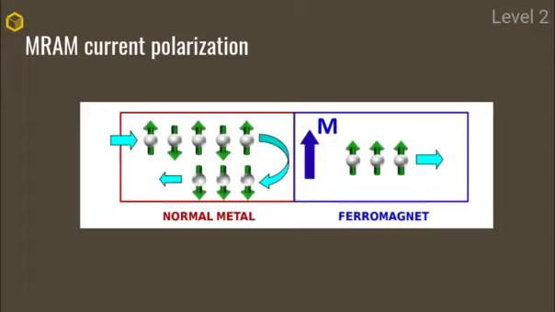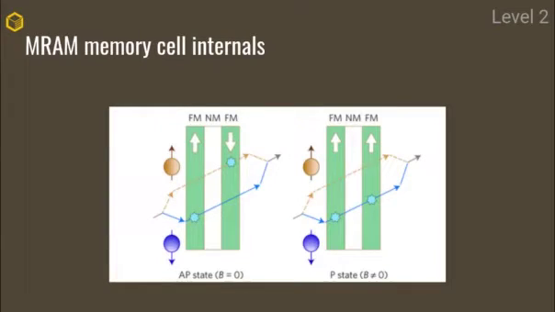Now that is not true for ferromagnetic metals, where you have a higher probability of having a certain type of polarization for your current. And we will use this principle for MRAM.